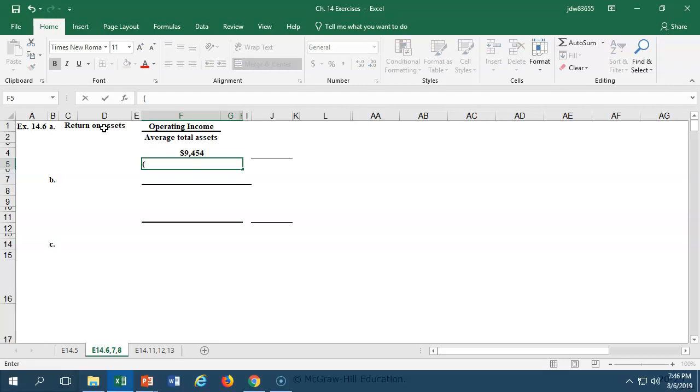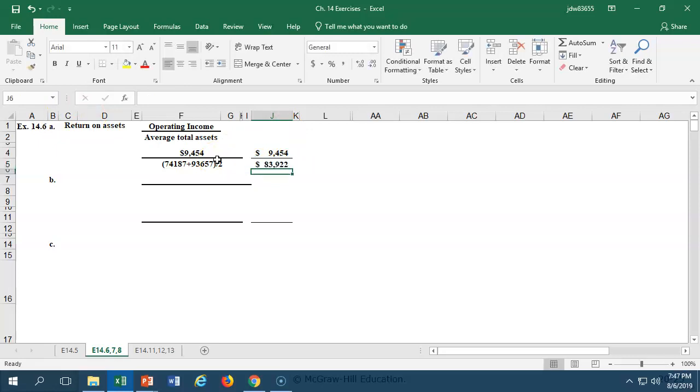Then for the bottom, you add the beginning of year and end of year and divide by 2: 74,187 plus 93,657, divided by 2. All right, that should be the answer, 11.27%.